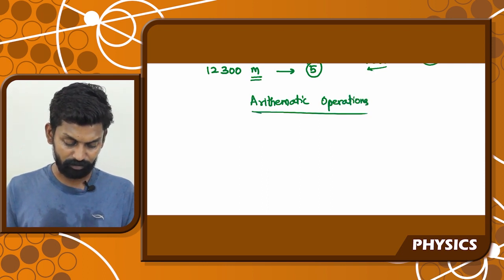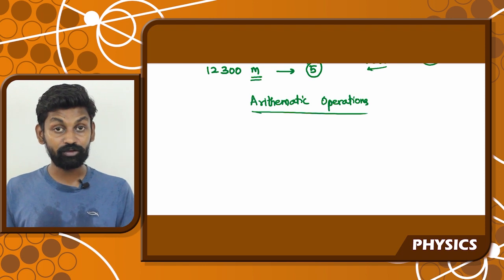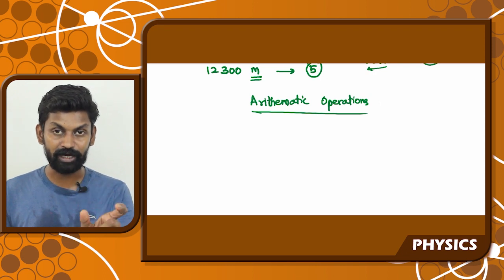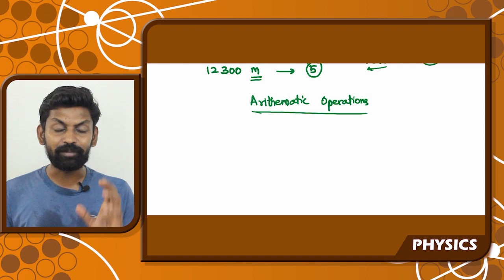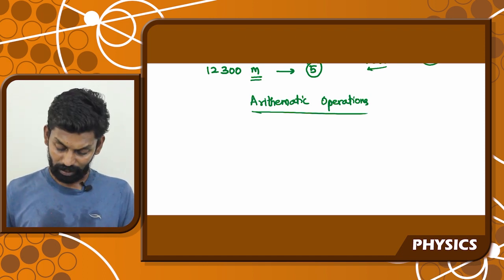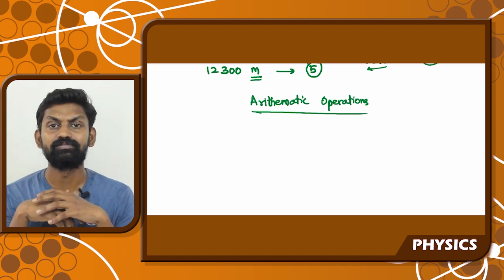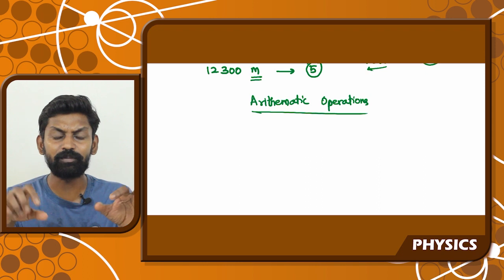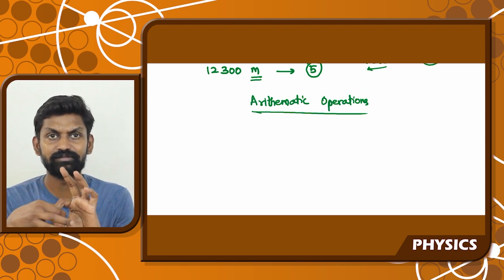Here we are talking about the accuracy of the number that is coming out as a result of arithmetic operations. Means when you are adding, subtracting, multiplying or dividing, how the number of significant figures are changing. I would like to tell with an example. Assume that we have a long chain. A chain is made up of so many links.